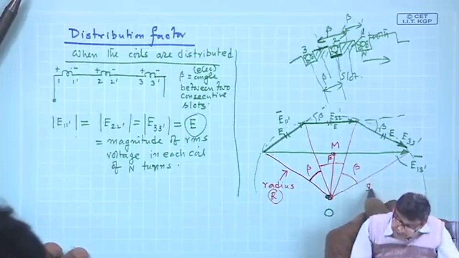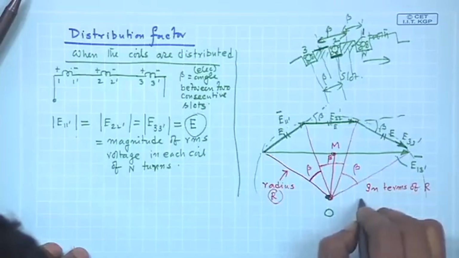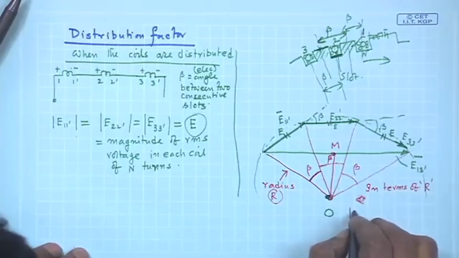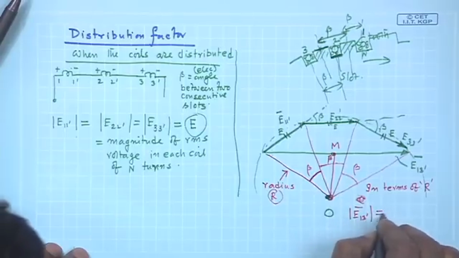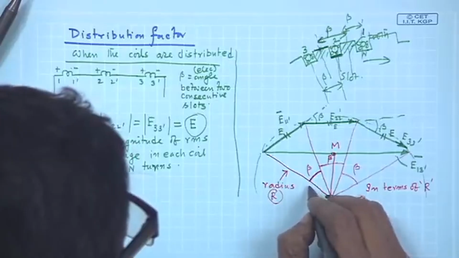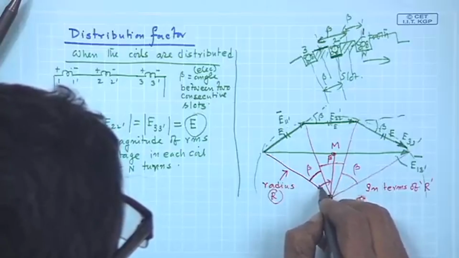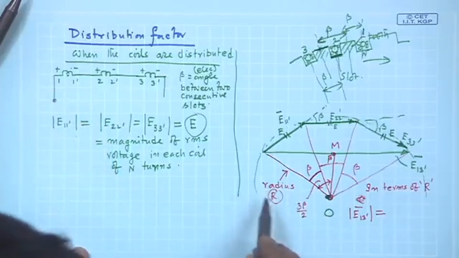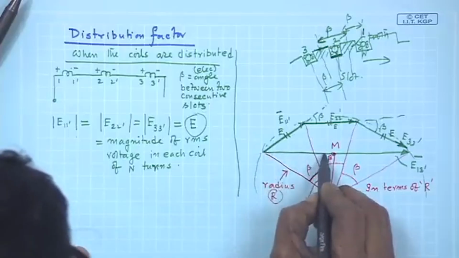In terms of R, the radius, this amplitude of the resultant voltage E13 can be easily expressed. Why? Because this angle is 3 beta, therefore, this angle will be 3 beta by 2, and you know this length from this right angle triangle, this is a right angle.